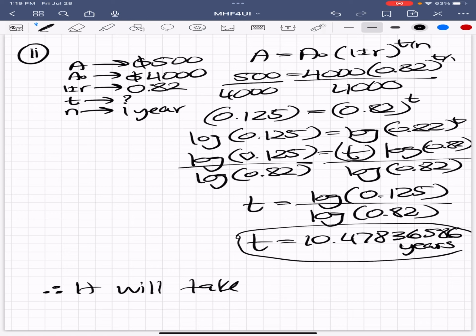We're going to the 4th decimal place. And because the 5th decimal place is a 6, it's going to turn that 3 into a 4.